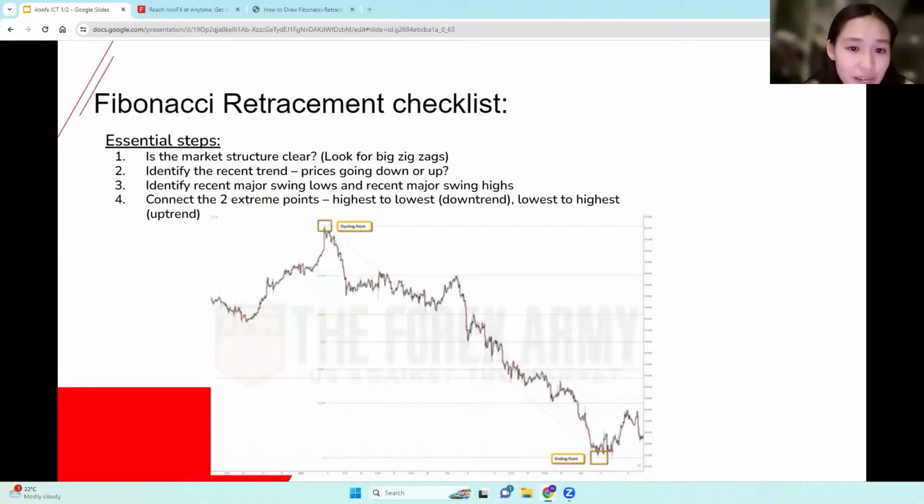Next, we identify recent major swing lows and swing highs, like those that we've identified previously, and then connect the two extreme points like we have done over here. Since this is a downtrend, your starting point is at the swing high and your ending point is at the lowest swing low.